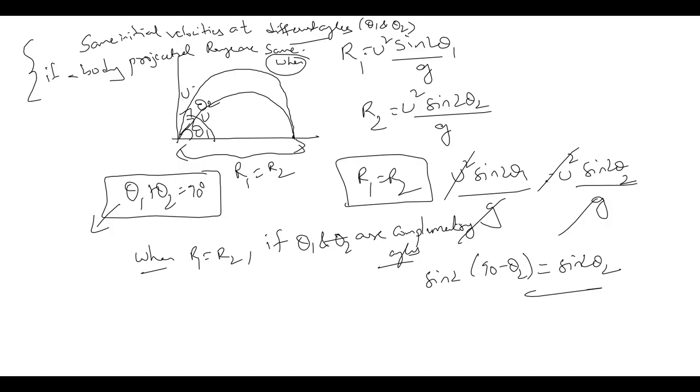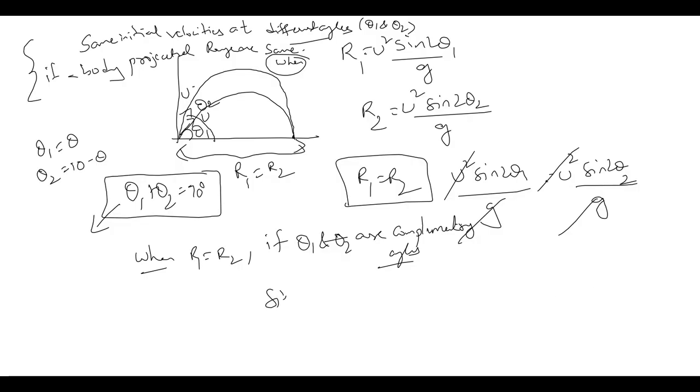So let us take theta 1 is equal to theta, then theta 2 will become 90 minus theta, correct? So here in this case, sin 2 theta is equal to sin 2 (90 minus theta), correct?